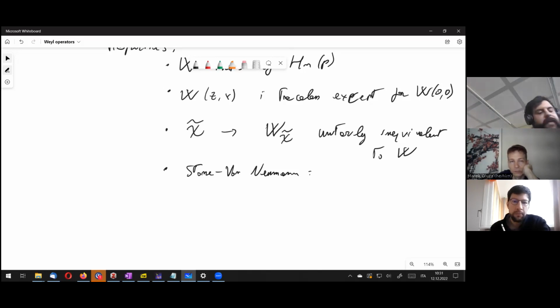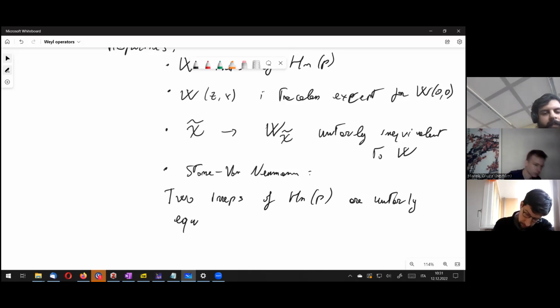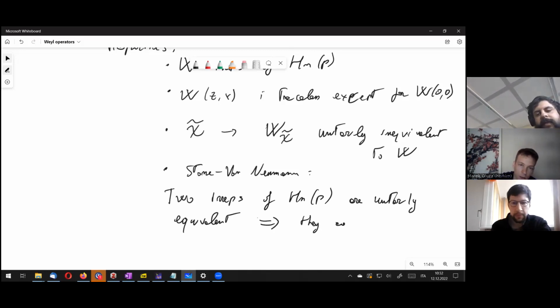The Stone-von Neumann theorem is about unitary equivalence of representations, and it says that two irreps of the Heisenberg group are unitarily equivalent if and only if they agree on the center. And I realized I didn't write the condition for this.